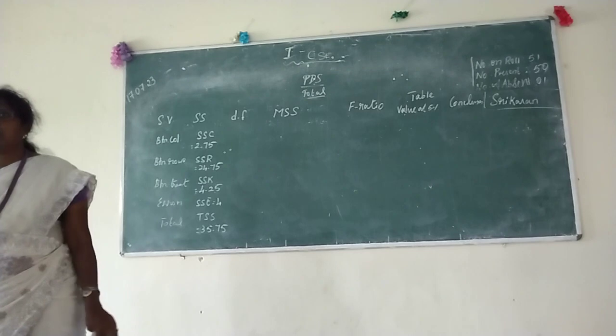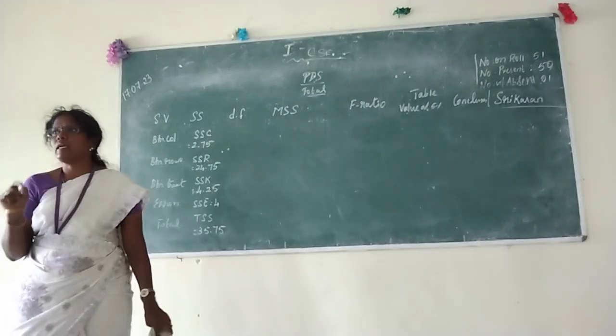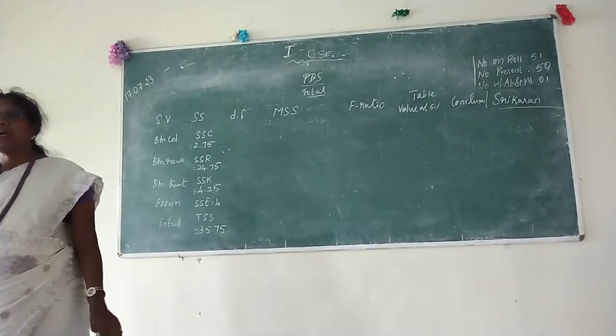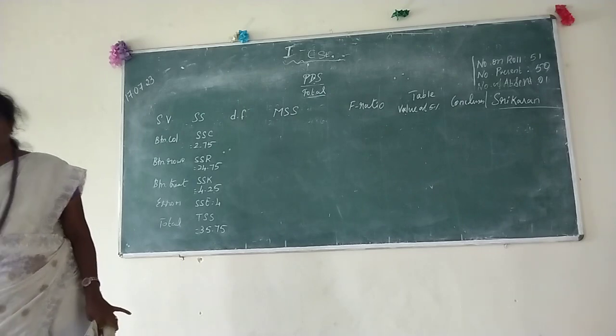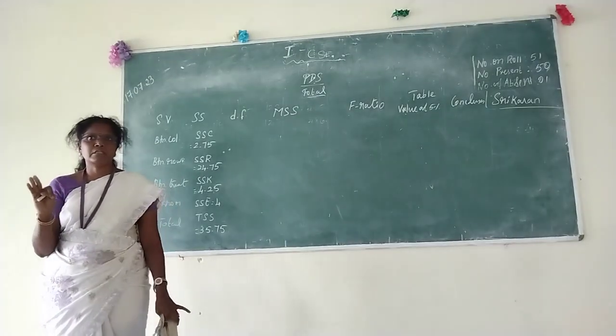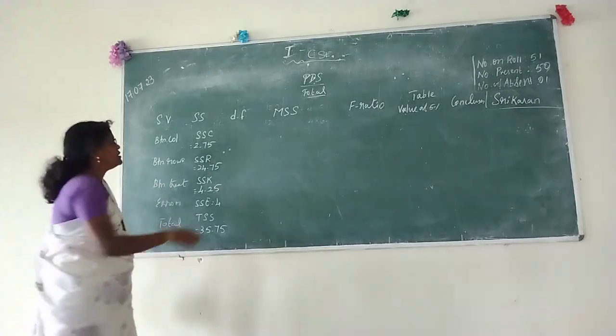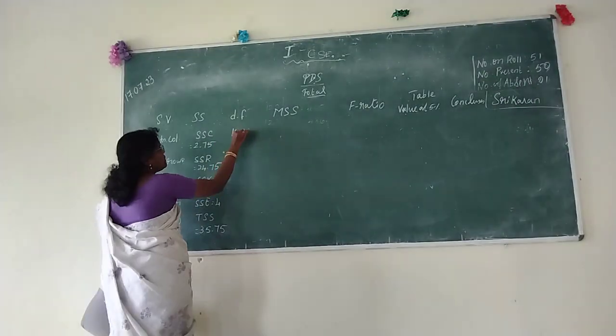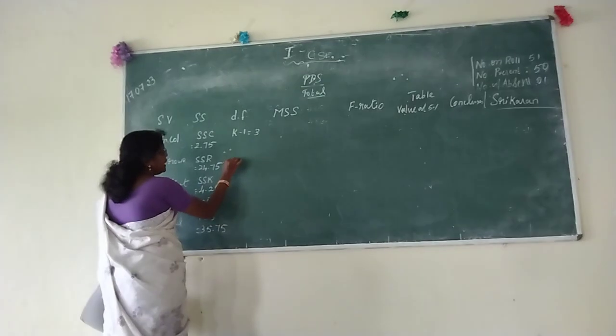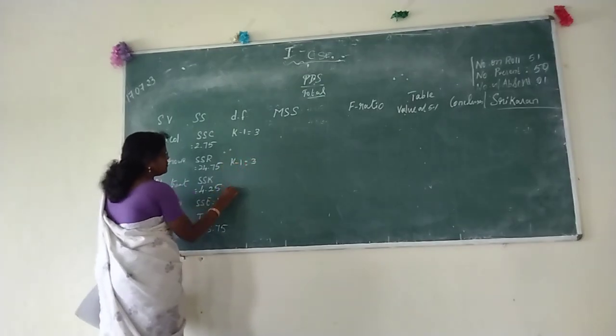Now we will write the degrees of freedom. What is the degrees of freedom? K minus 1. K equal to R equal to C. K is the number of treatments, R is the number of rows, C is the number of columns. For a Latin square, all the three will be equal. So K minus 1. What is the answer? 3. K minus 1, 3. K minus 1, 3.